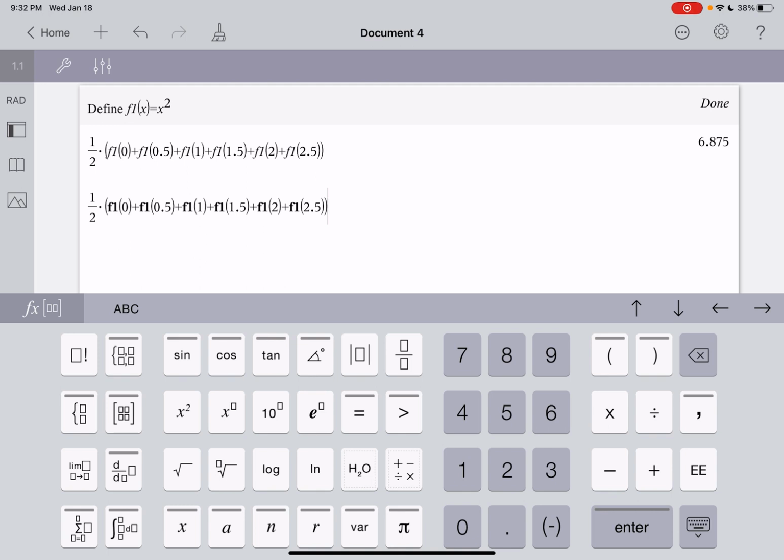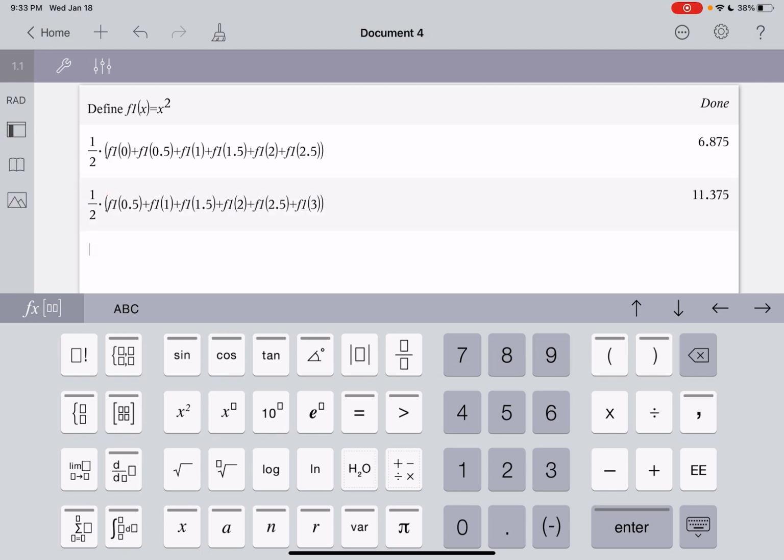Instead of stopping at 2.5, I'm going to add to that at the end an f of 3. And I'm going to get rid of the f of 0 at the beginning of this expression. So right there, let me take out that. Okay, and this expression should match what we have on our paper there.